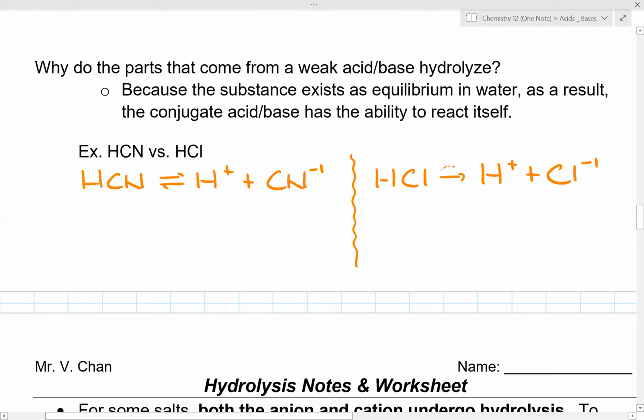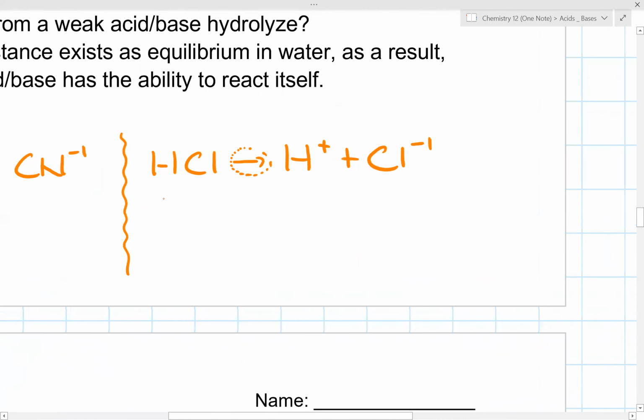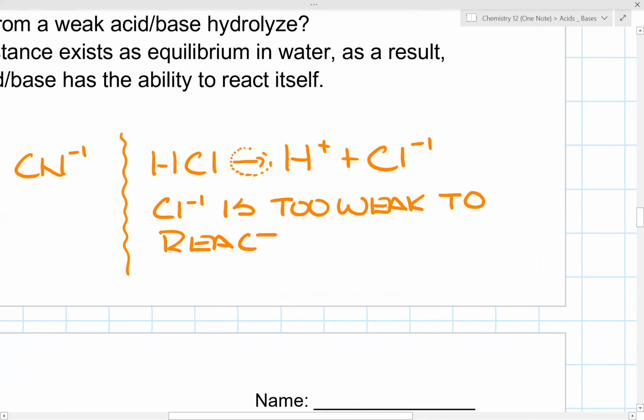Now, if you take a look, notice this is complete dissociation. So in this case, because HCl is complete dissociation, Cl minus 1 is too weak to react. It cannot push the reaction back to the left.